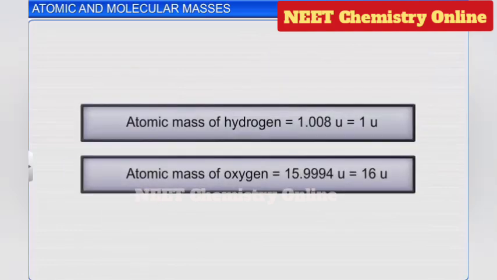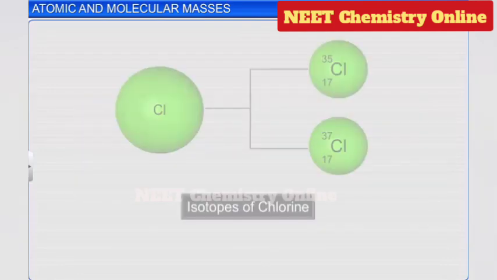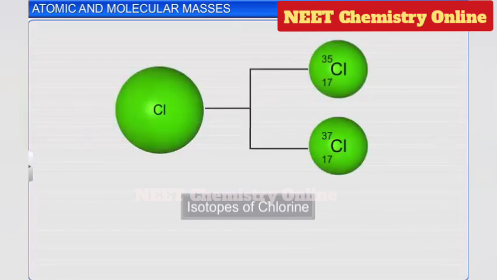Hence, we can represent the atomic mass of hydrogen as 1.008 or 1U, and that of oxygen as 15.9994 or 16U. We know that when atoms of the same element possess different atomic masses, they are known as isotopes. Hence, for isotopes, the average value of the atomic masses is considered as the atomic mass.